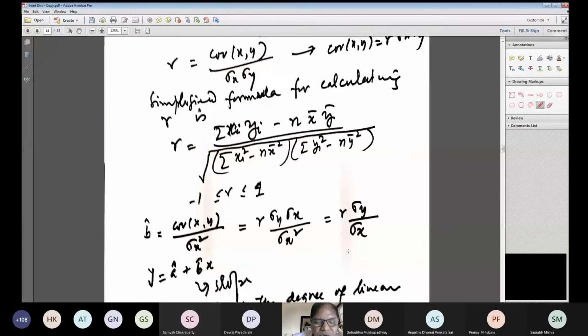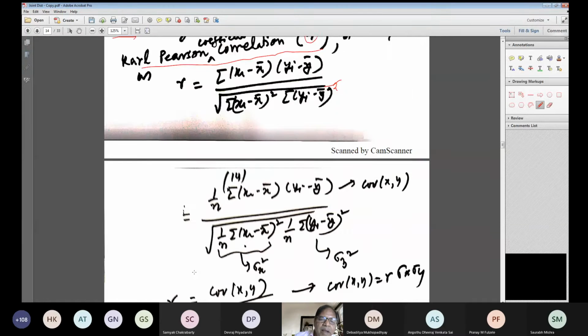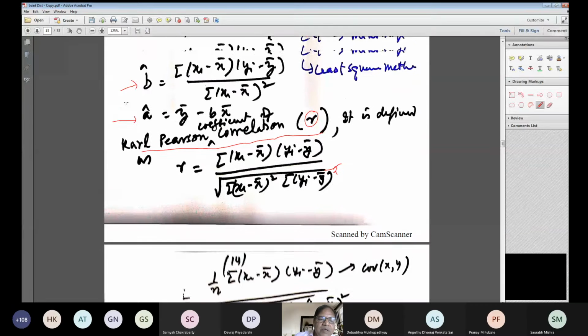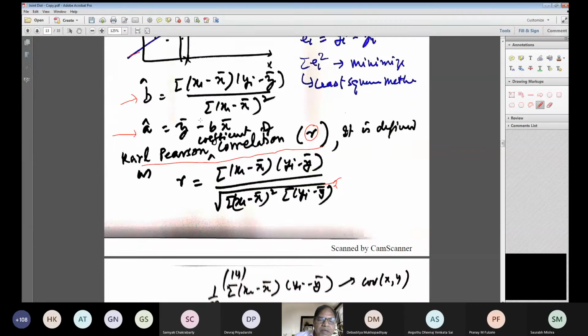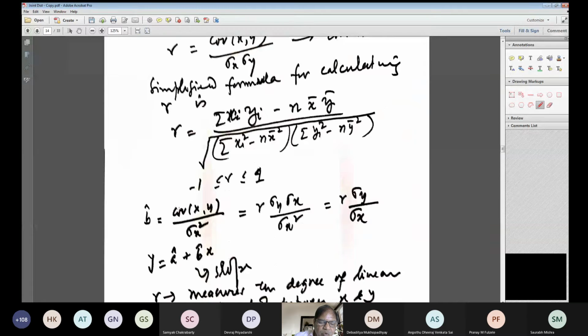As you can see, the slope of the line which we derived earlier, I can represent in terms of the covariance. If I divide by n, it becomes covariance xy divided by sigma x squared.